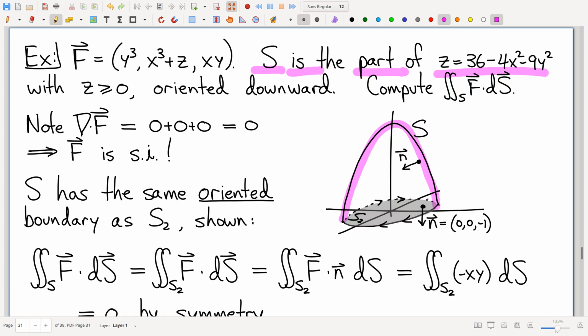But the surface itself is just part of the paraboloid. So this is not an upside down bowl with a flat base. It's just an upside down bowl. That's it. This is an open surface.